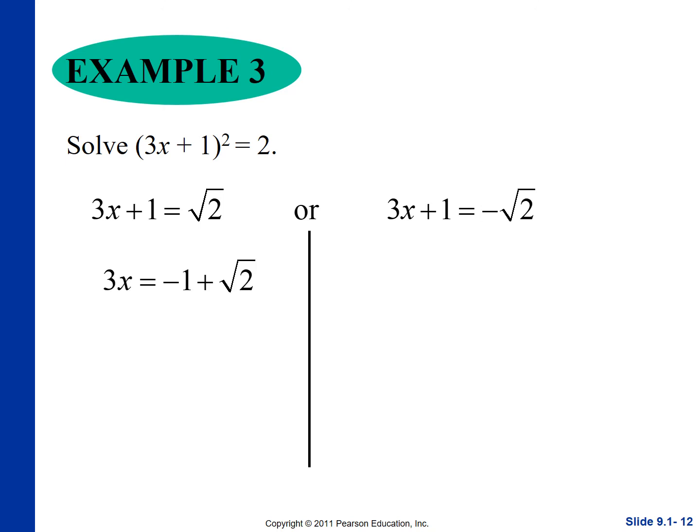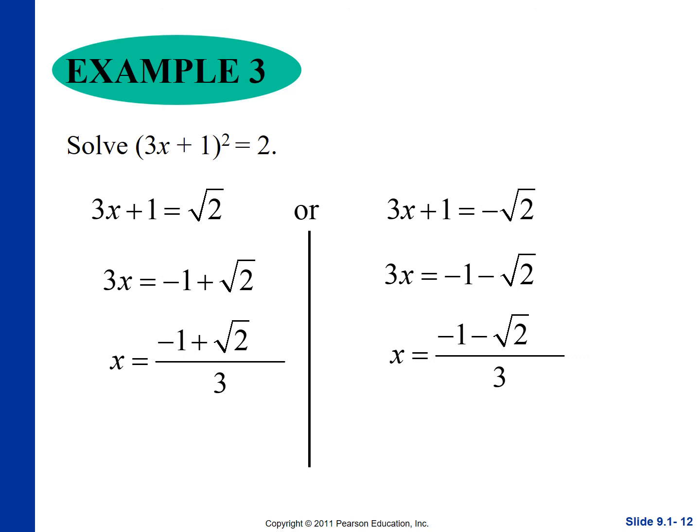So over here, we're going to subtract 1 from each side, and then divide by 3. So we end up with negative 1 plus the square root of 2 over 3. We're going to do the same thing here again. Subtract 1 from each side, divide each side by 3, negative 1 minus the square root of 2 over 3.